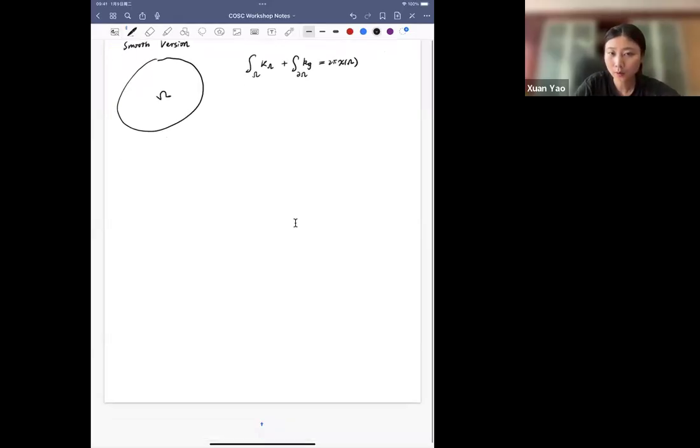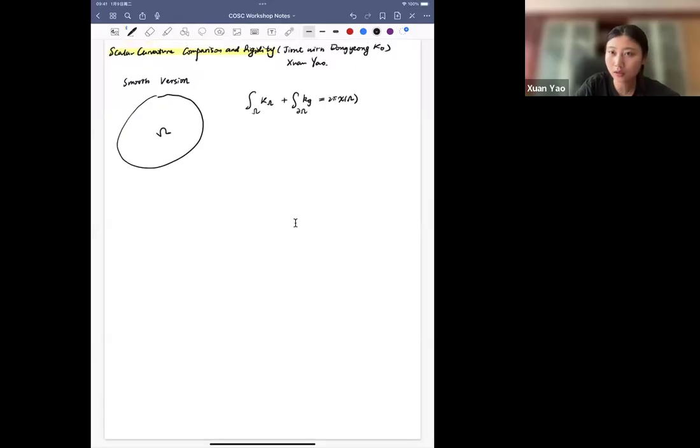If your boundary is piecewise smooth, you can also have a Gauss-Bonnet formula.